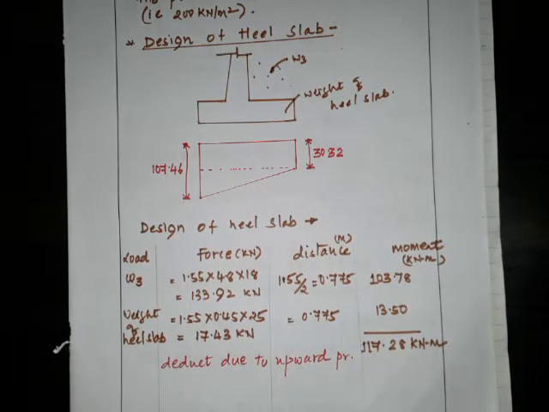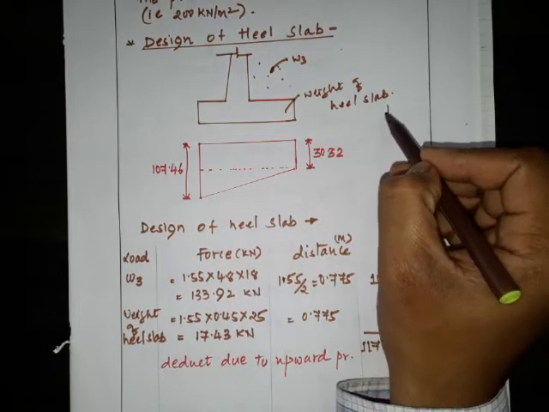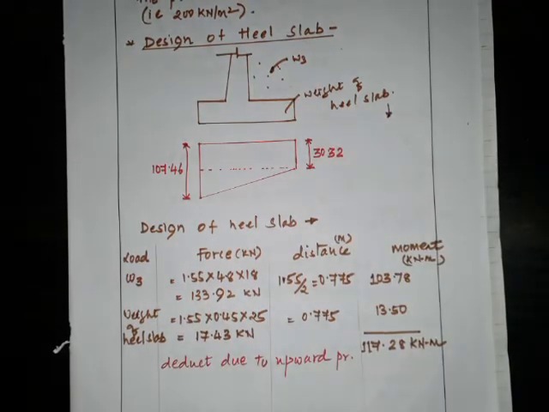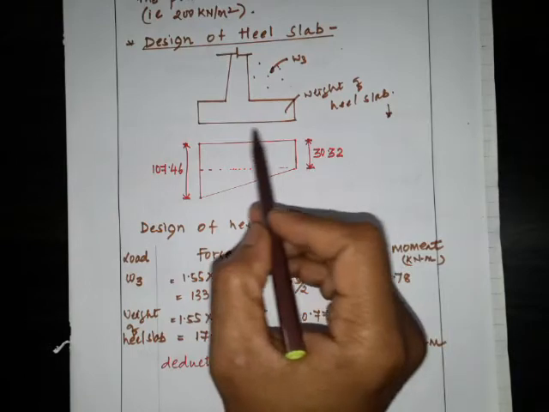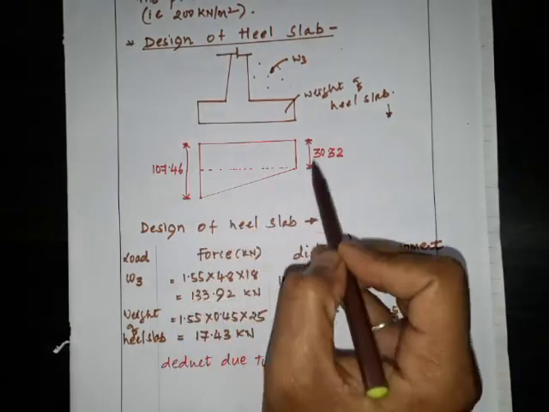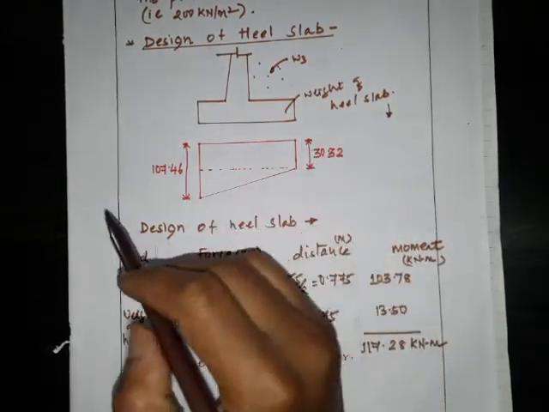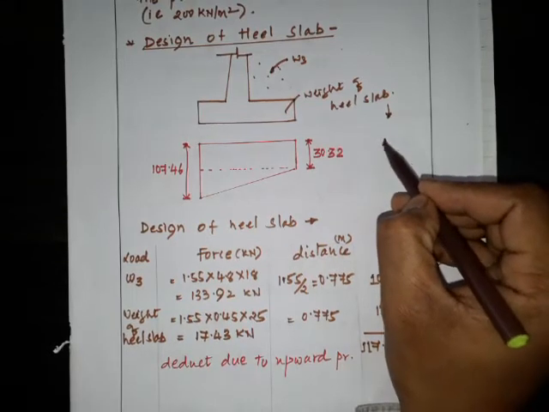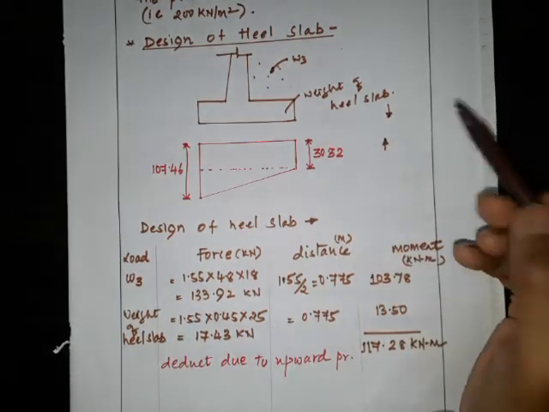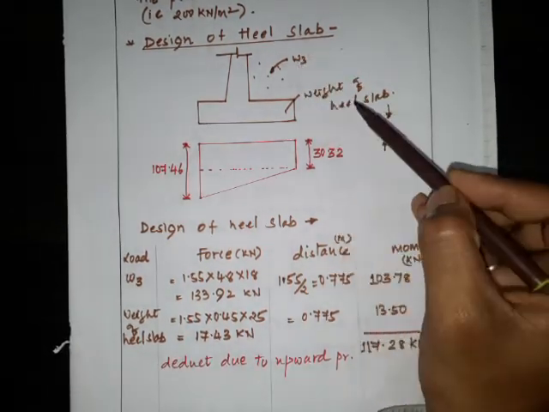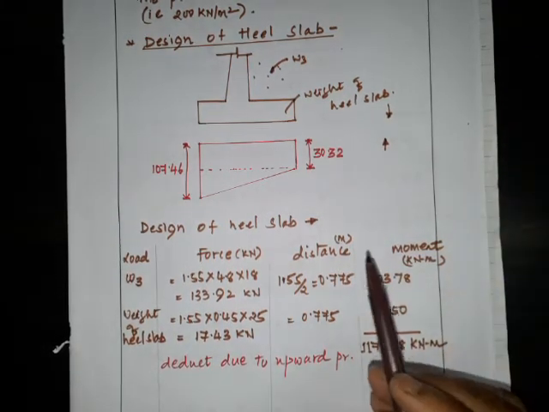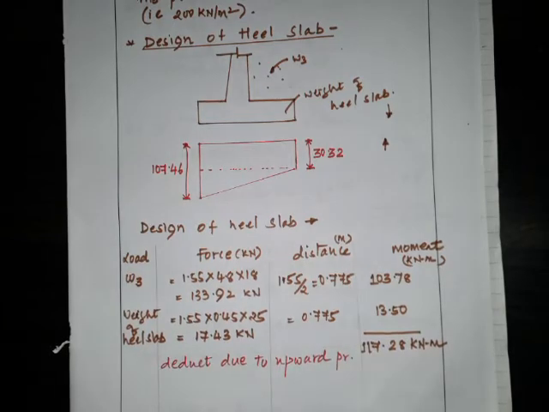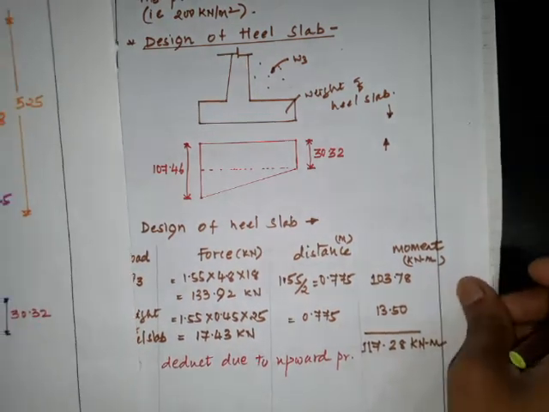These two forces are acting downwards, and we have to deduct the upward soil pressure. This pressure distribution diagram we need to consider for deduction from the downward load. So the downward load is the weight of backfill plus the dead weight of heel slab, and the upward pressure we had considered.